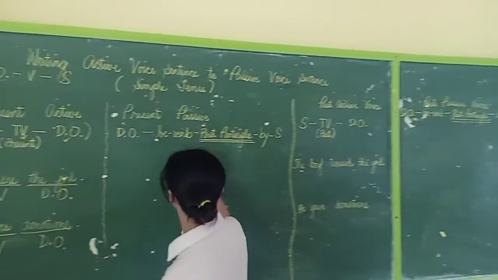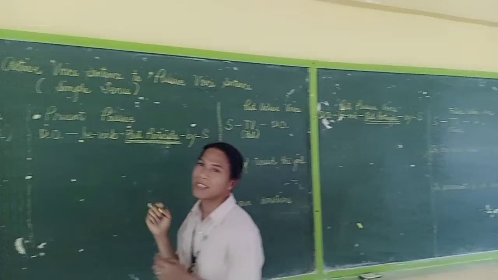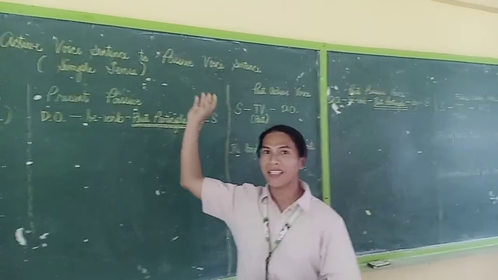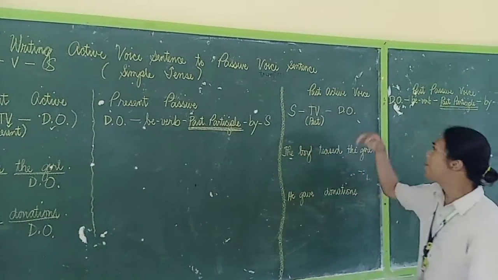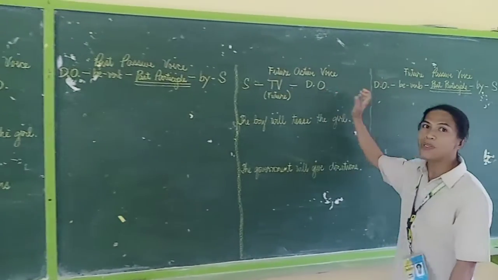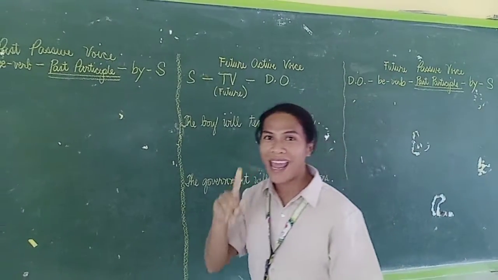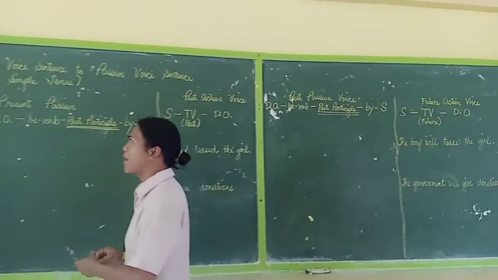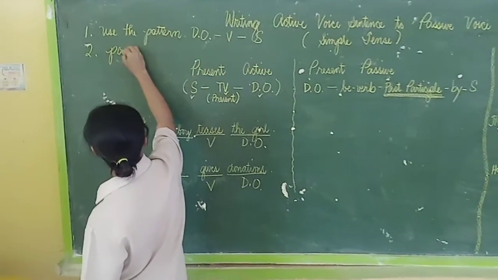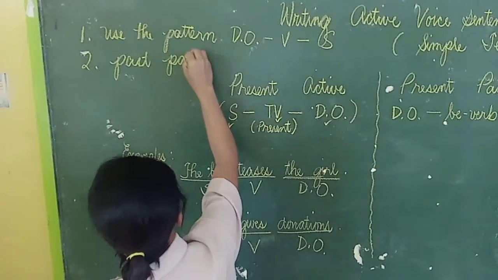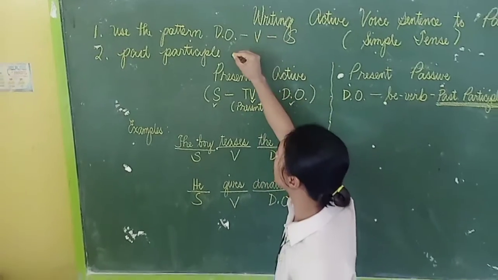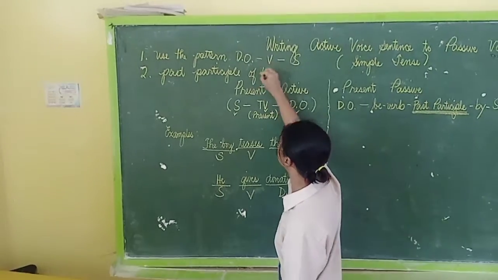But of course, you are going to have the past participle of the verb, from the present to the past participle, from the past to the past participle, from the future to the past participle. Again, be careful with your past participle. Okay, this one, the past participle of the verb is very important. You must know the past participle of the verb.